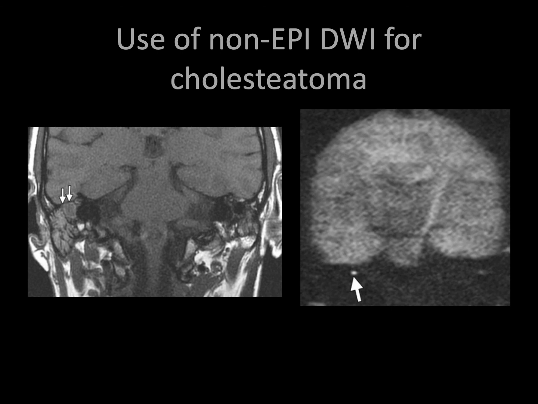Cholesteatoma, which is an inflammation of the ear, can be very difficult to distinguish from fluid in the middle ear and mastoid, but in diffusion it shows striking restriction. The only problem is that here there is a lot of air and consequently a lot of artifacts, so you need to remember when you use diffusion in the petrous bone, you need non-EPI diffusion in coronal plane to reduce the artifact.